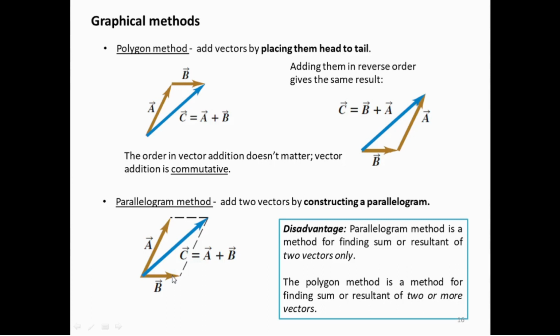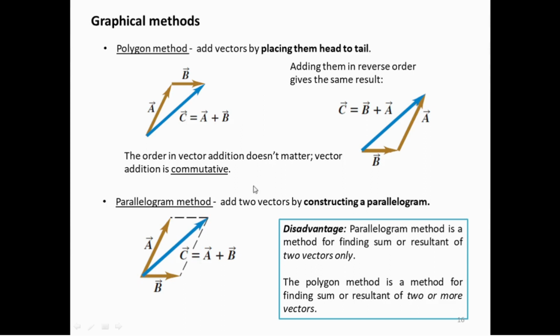After that, you have to project the length of this vector on the other side. So this side should be equal in length to this, and this length should be equal to this length. And so you have here a common intersection point, and all you have to do is connect the common point of vectors A and B to this point here. So you connect that to form a vector, and this should give you the resultant vector. So this is your vector C.